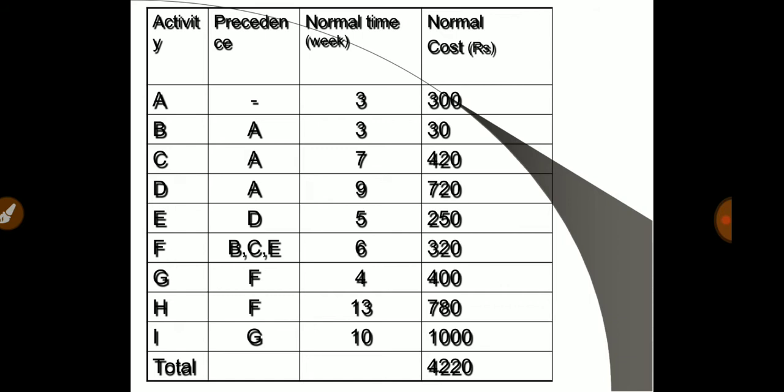Next activity is H, precedence is F, normal time is 13 weeks and normal cost is 780. Next activity is I, precedence is G, normal time is 10 and normal cost is 1000, and total cost is 4220. So this is the problem.